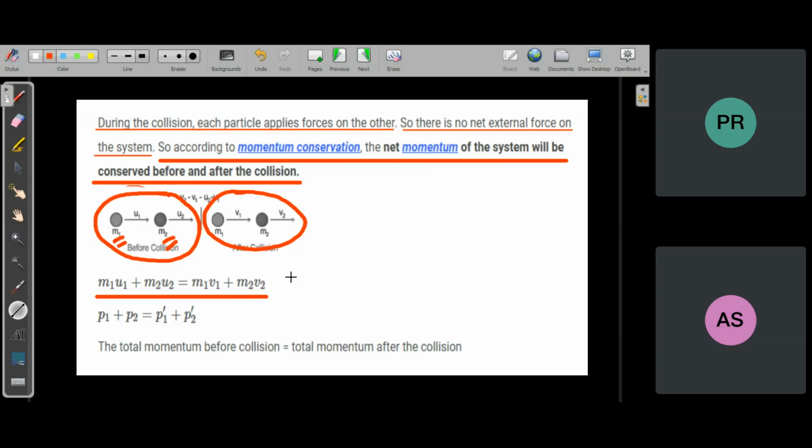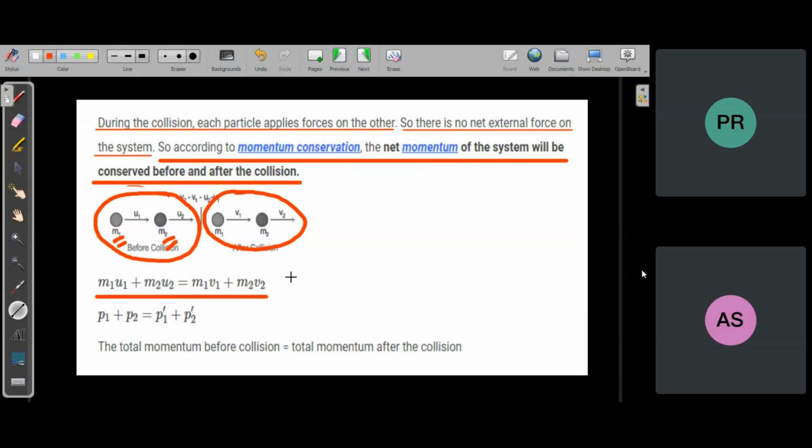But suppose that just before collision there is some external force, and after collision also some external force is there. We will come to it a little later, but the force is not impulsive. For example, gravitational force is not an impulsive force. So if two particles collide in air, before colliding also gravitational force is acting, after colliding also gravitational force is acting.